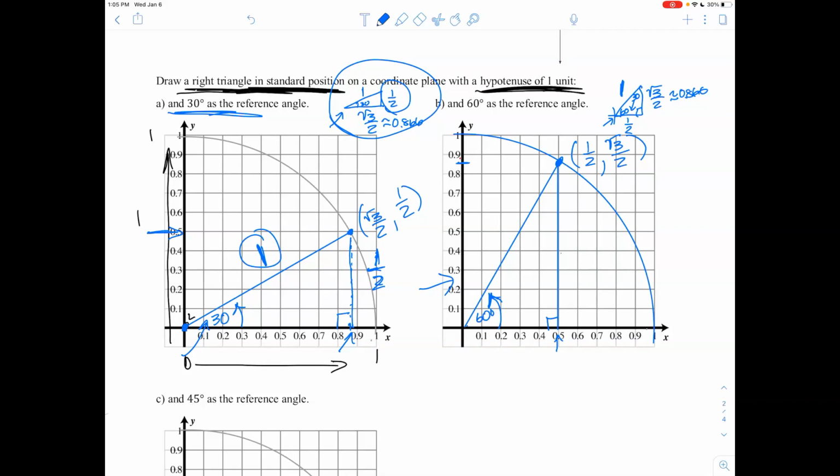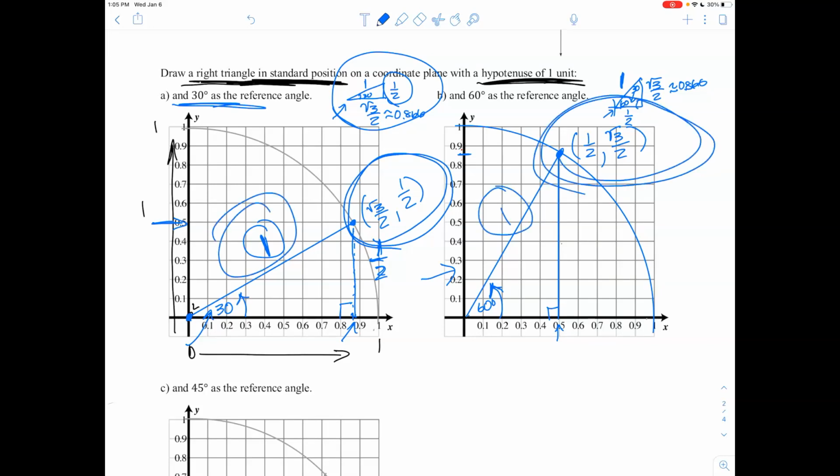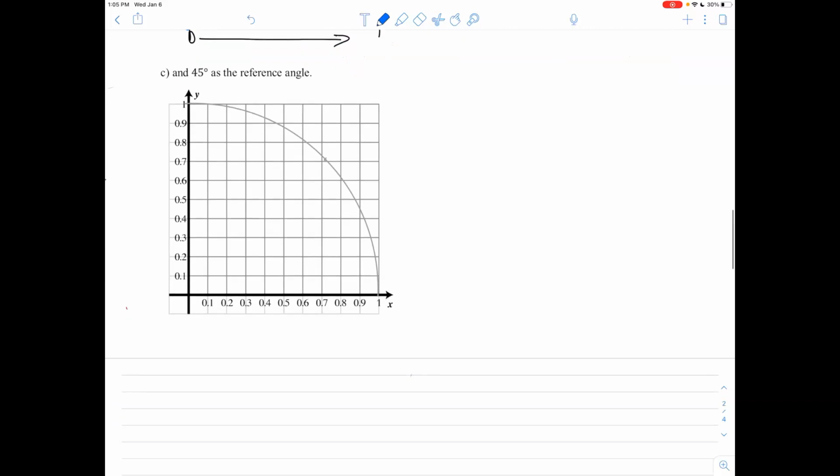The x's and y's switch. So that's interesting, that a 30-degree angle is the inverse of the 60-degree angle. Remember how I told you these numbers would be important? They are.